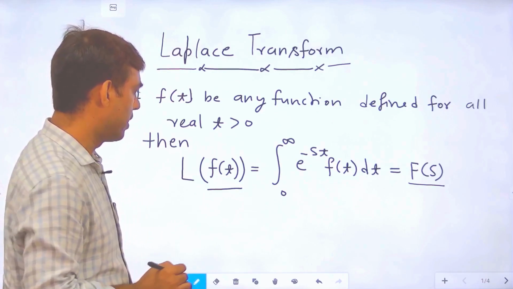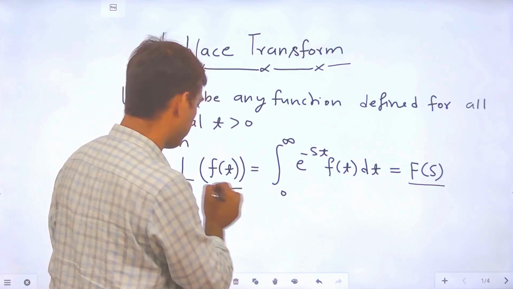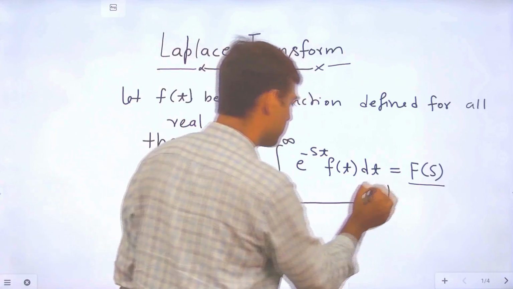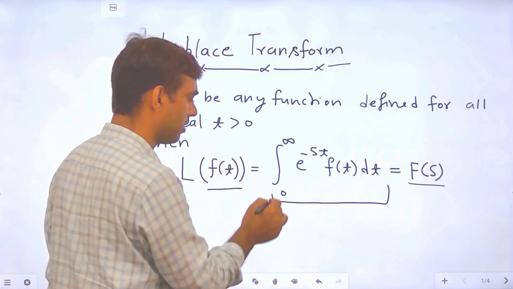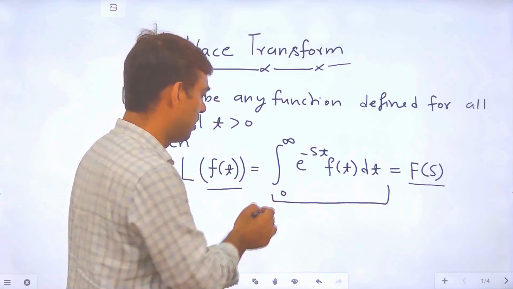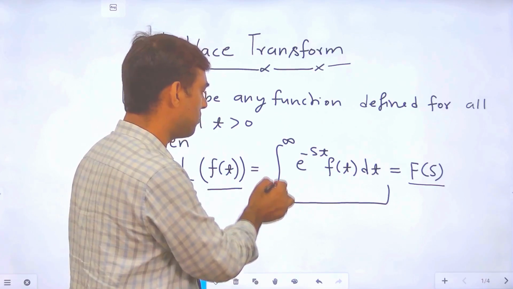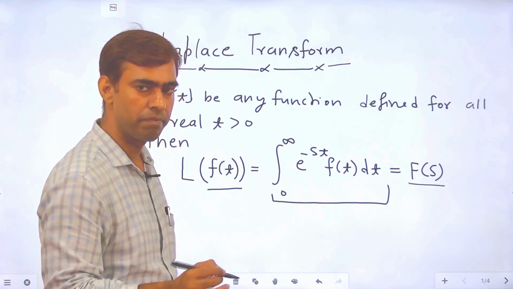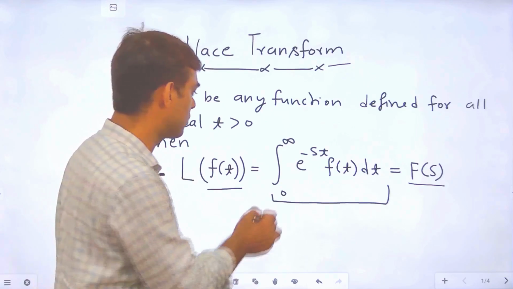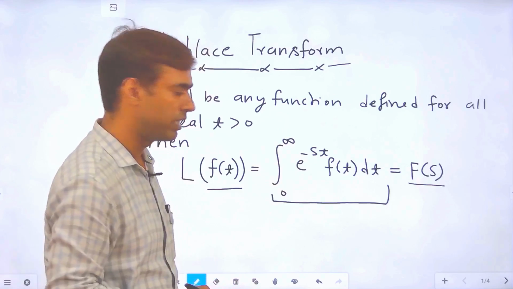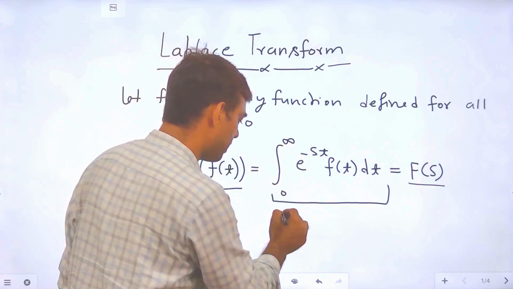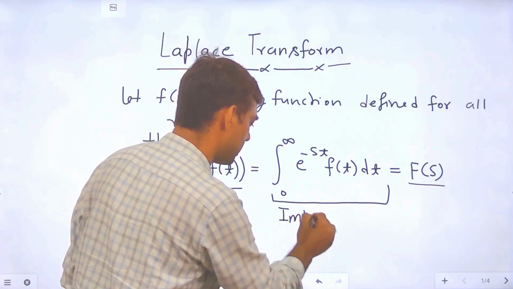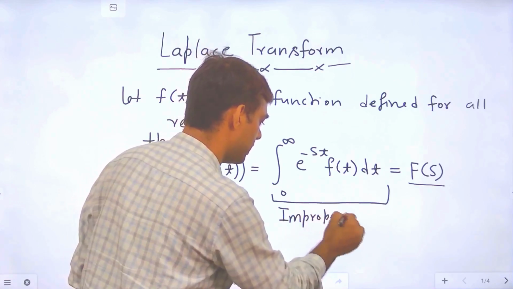If we closely observe the right hand side of the Laplace transform, what is this? This is an improper integral. What is an improper integral? One definition of an improper integral: if either the lower or upper limit is infinite, then the integral is an improper integral. Here the upper limit is infinite, so this is an improper integral.